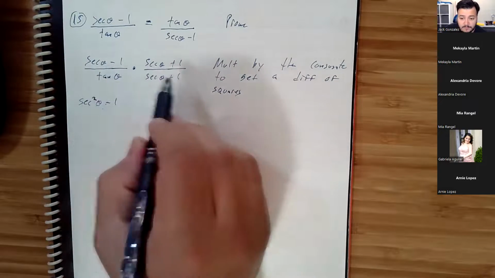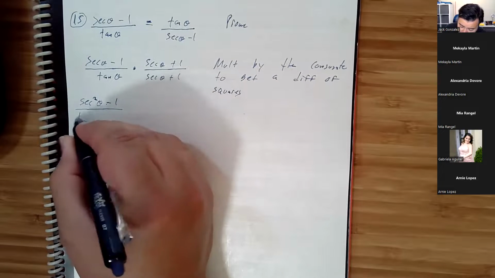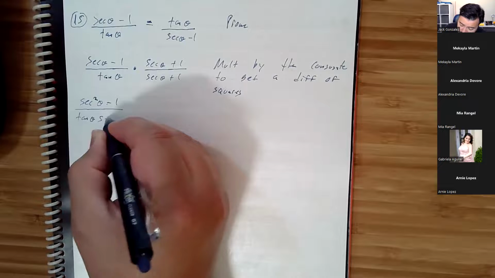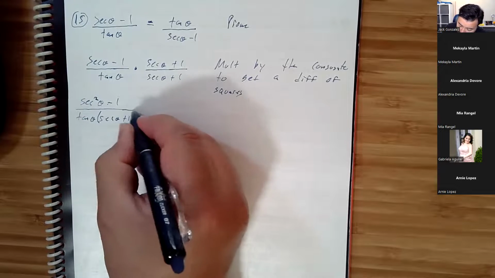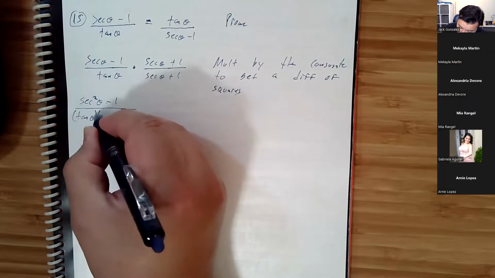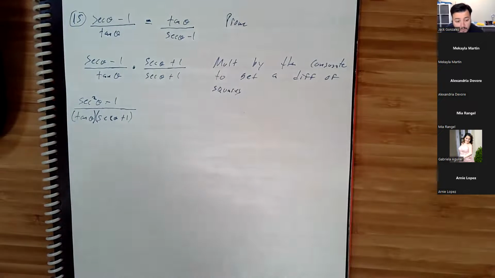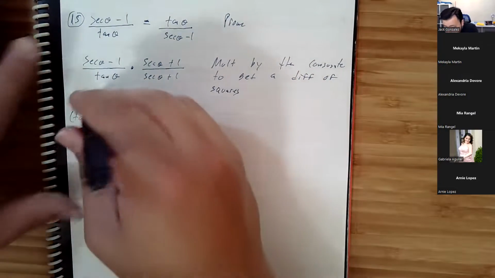When you multiply out the top, you'll get this over, I'm not going to multiply the bottom, tan theta times secant theta plus 1. So there we go. That looks really ugly and it bothers me.